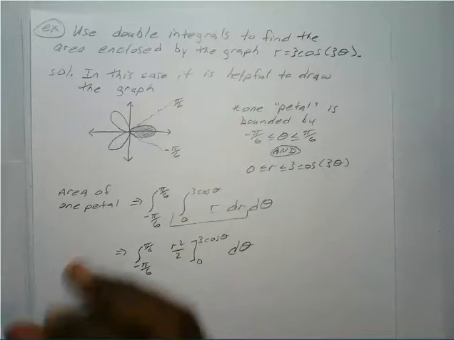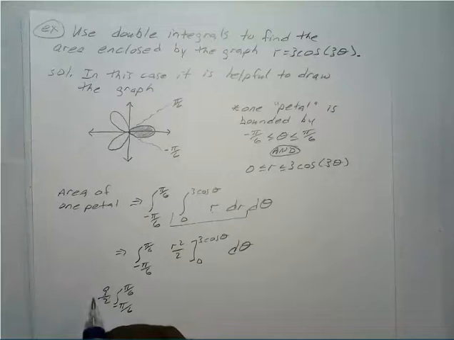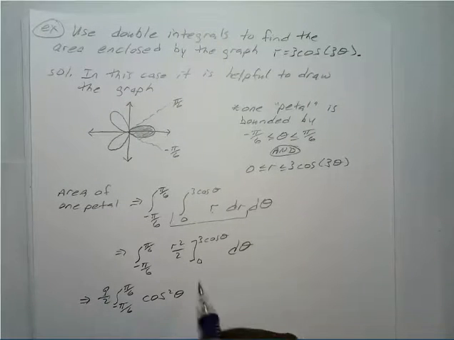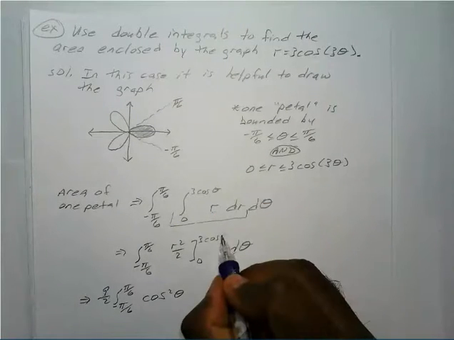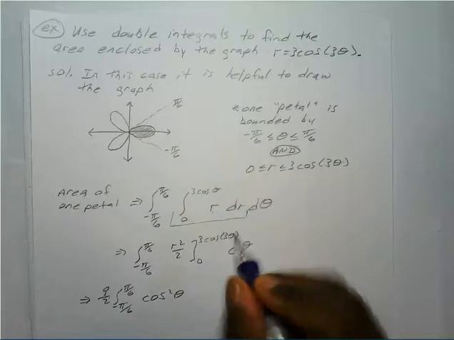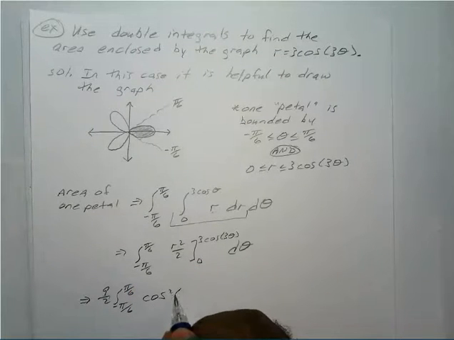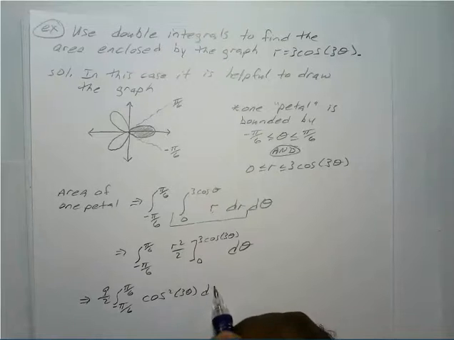So we're going to just pull the 9 over 2 out. So we have cosine squared 3 theta, d theta.